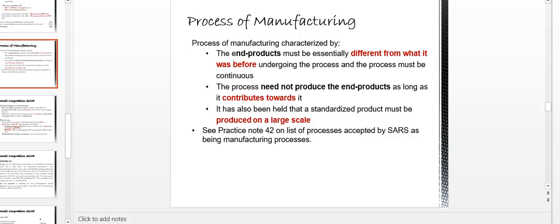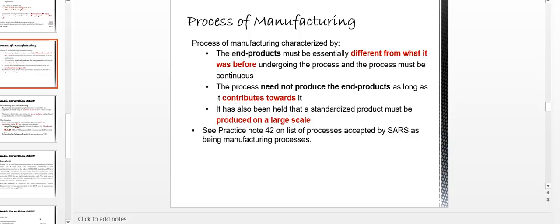Okay, so you can just have a look at Practice Note 42, which lists some processes accepted by SARS as being manufacturing processes. But essentially what you need to know, and it's common knowledge, is that your end product should be different from what it was before, or in the process of manufacturing, in producing your end product, it has to contribute towards it, and it has to be on a large scale.